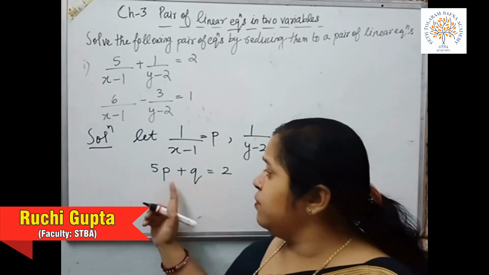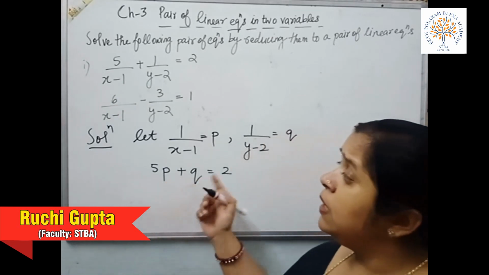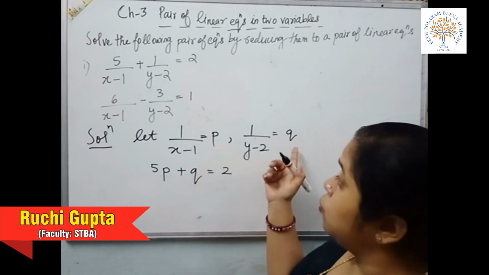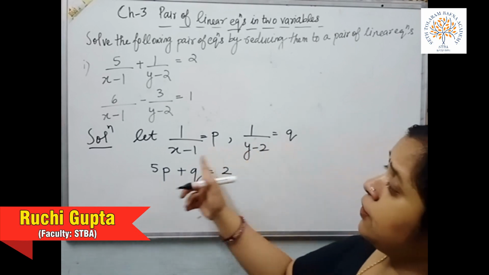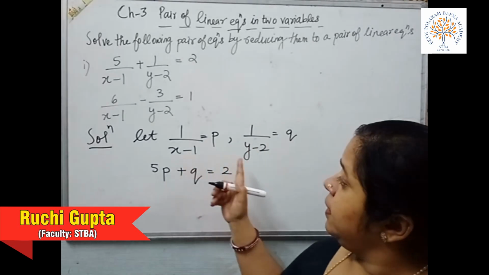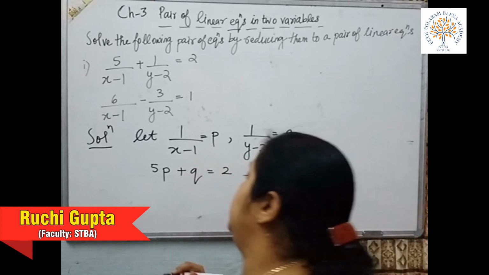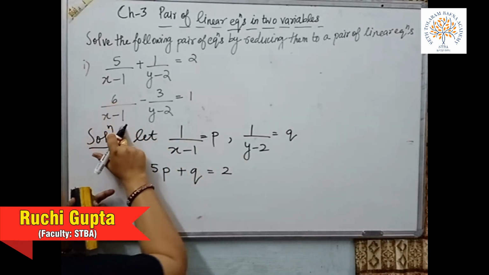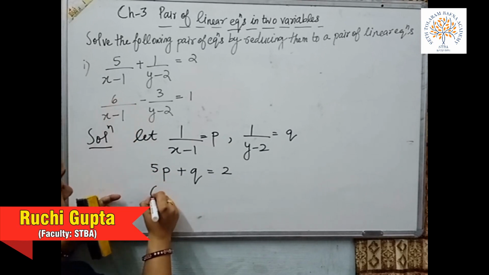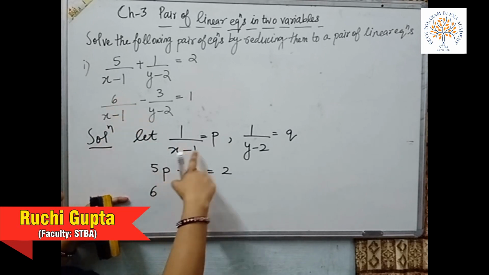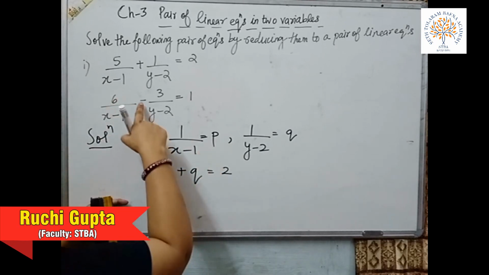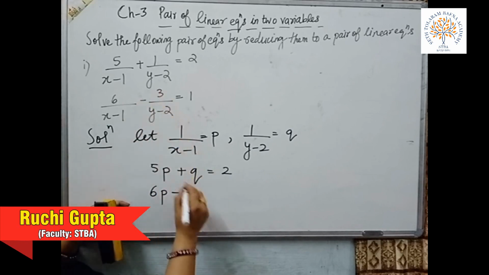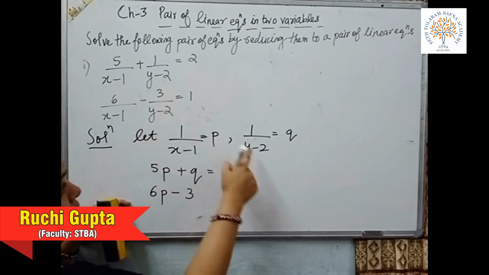First of all, students, we find the values of p and q, and then we substitute those values of p and q here to find the values of x and y. So what is the second equation? It is 6, and what is 1 upon x minus 1? It is p, minus 3, and what is 1 upon y minus 2?